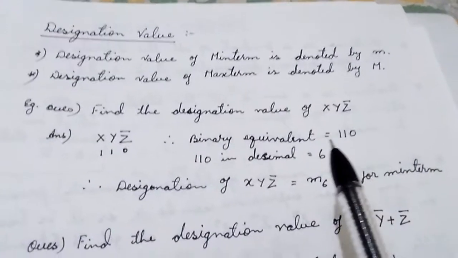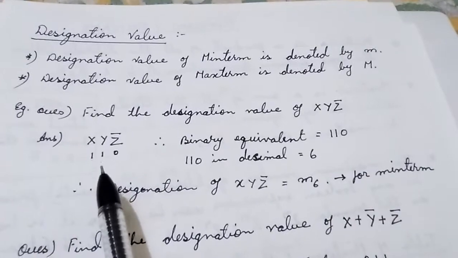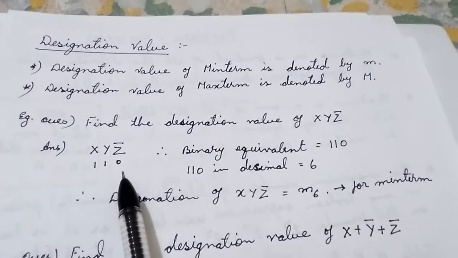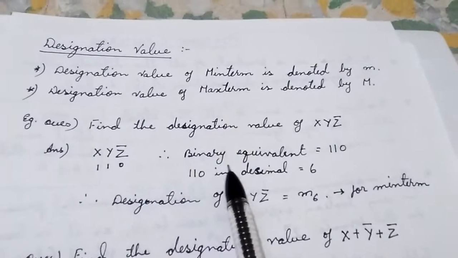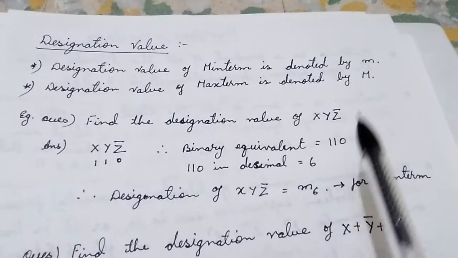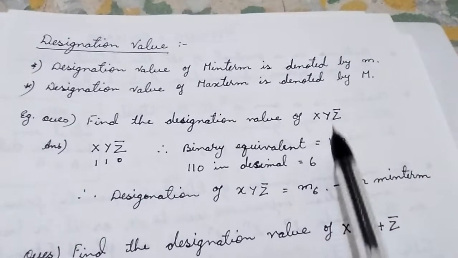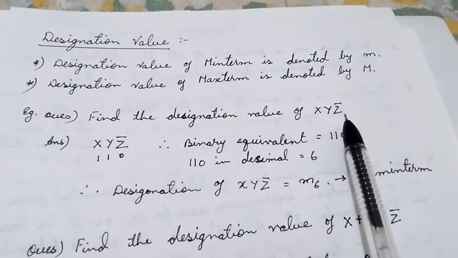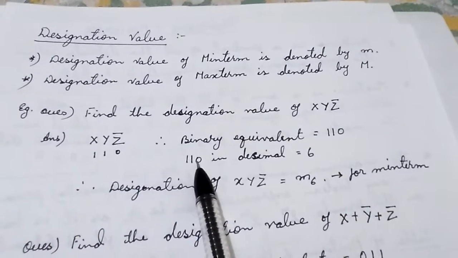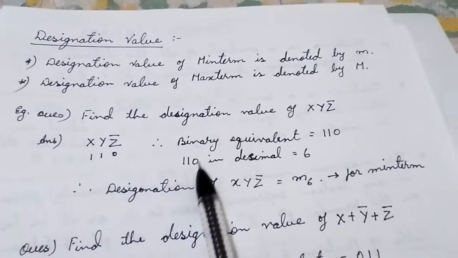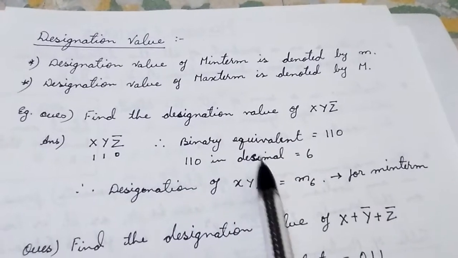If you remember, then well fine. Otherwise, you need to convert this binary into a decimal number. And then that will be the decimal designation value of x, y, z bar. So here 110 in binary is 6 in decimal.